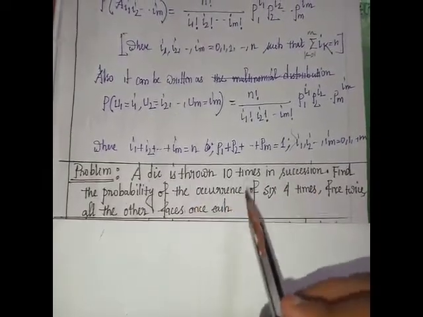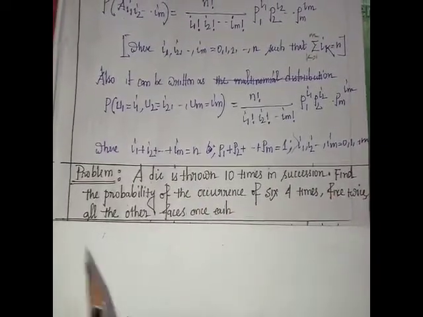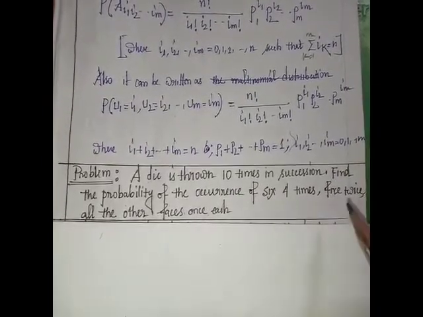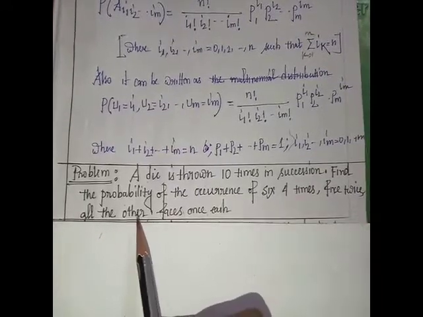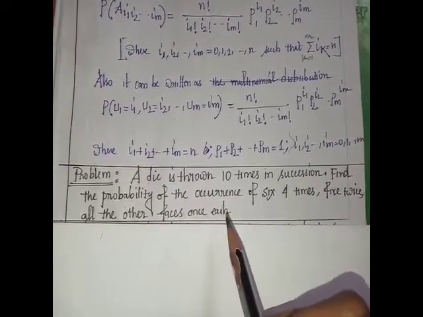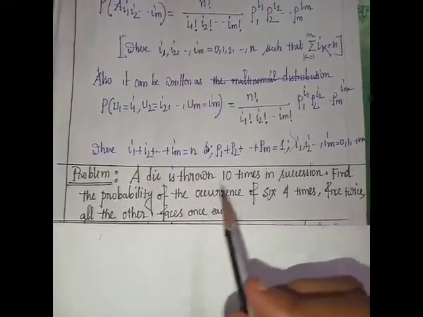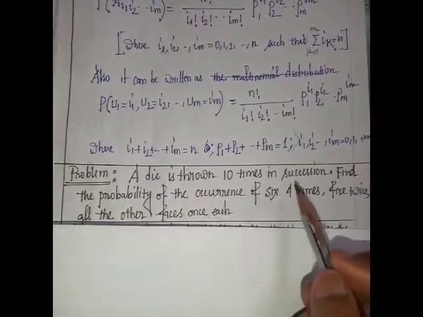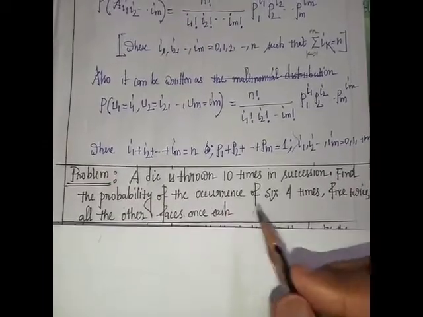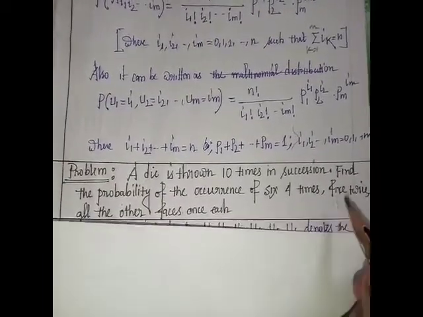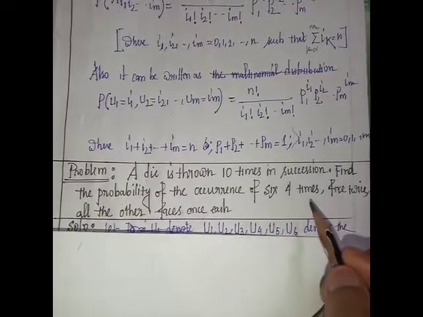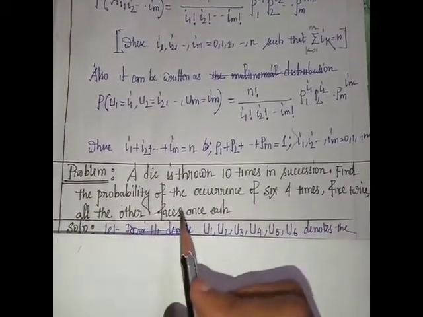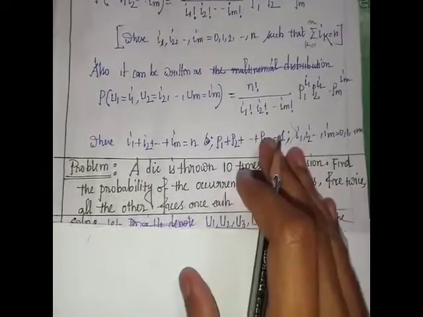Find the probability of the occurrence of 6 four times, 5 two times, and all other faces one time each.